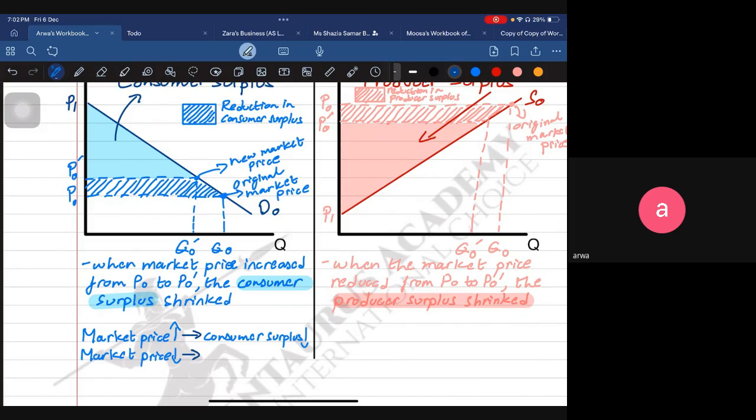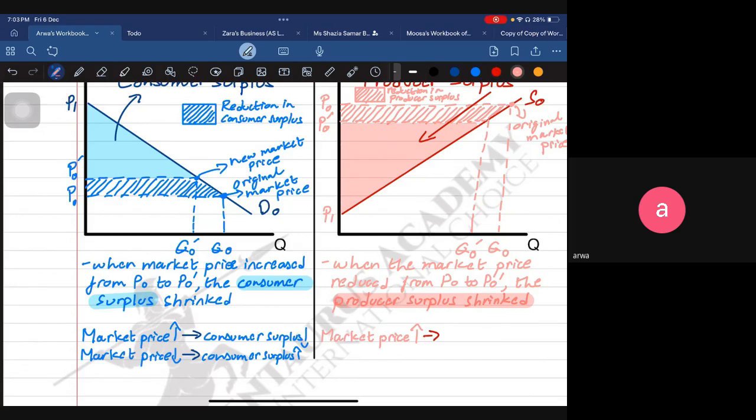So this summarizes it well, isn't it? Yes, sir. Consumer surplus increases. In the same way, if the market price increases here, what is going to happen to the producer surplus?